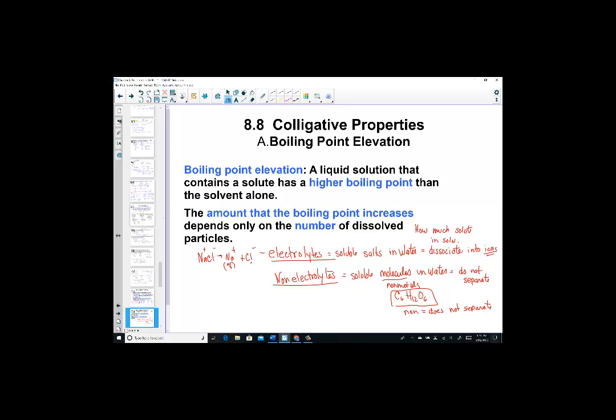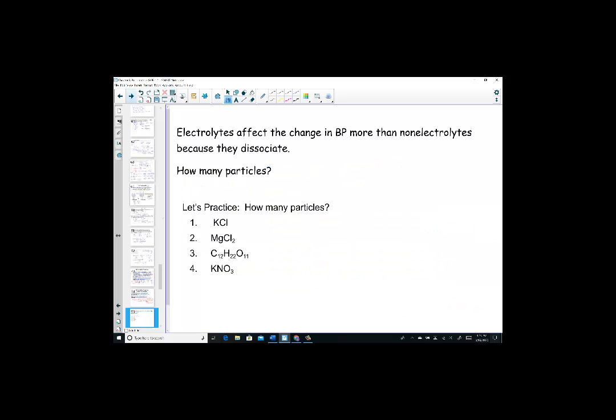Remember how we said ions are always aqueous? So you get 2 ions that separate out when you put sodium chloride into water. So the number of particles has to be accounted for by considering electrolytes versus non-electrolytes in solution. Electrolytes affect the change in boiling point more than non-electrolytes because they dissociate. What that means, remember, is that they separate into ions.